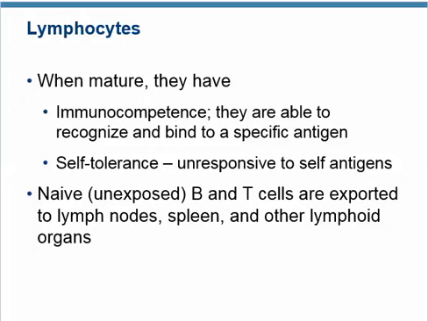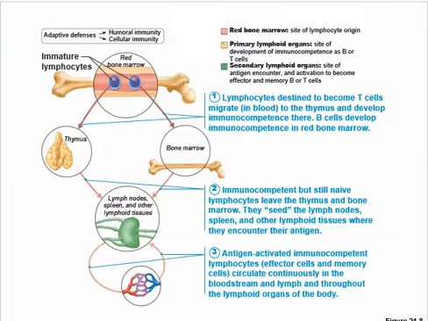Now, when they're transported there, they're considered naive. They haven't met the antigen yet, so they haven't evoked a response. They're sent there for surveillance, to watch for their specific antigen. And that's where they'll go to work, and that's when they'll do what they need to do.